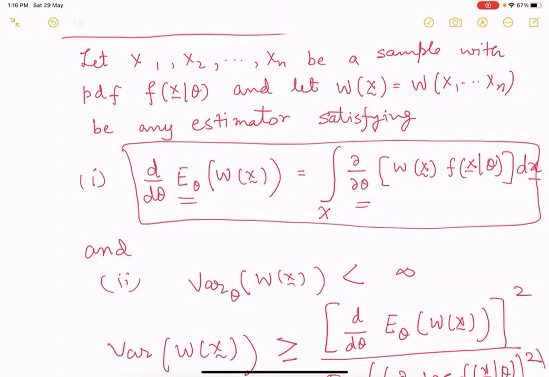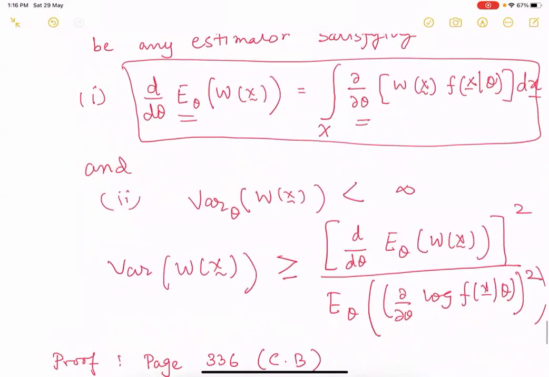It's basically switching the double integration, or switching the differentiation and integration, that rule. Okay, so this condition will hold. All it is saying is that this condition holds, and then of course the variance is finite.